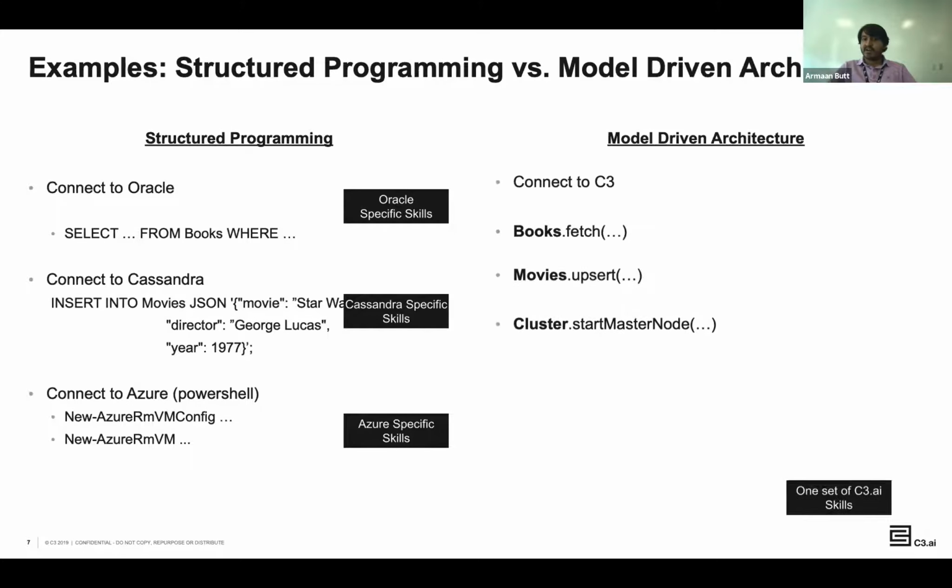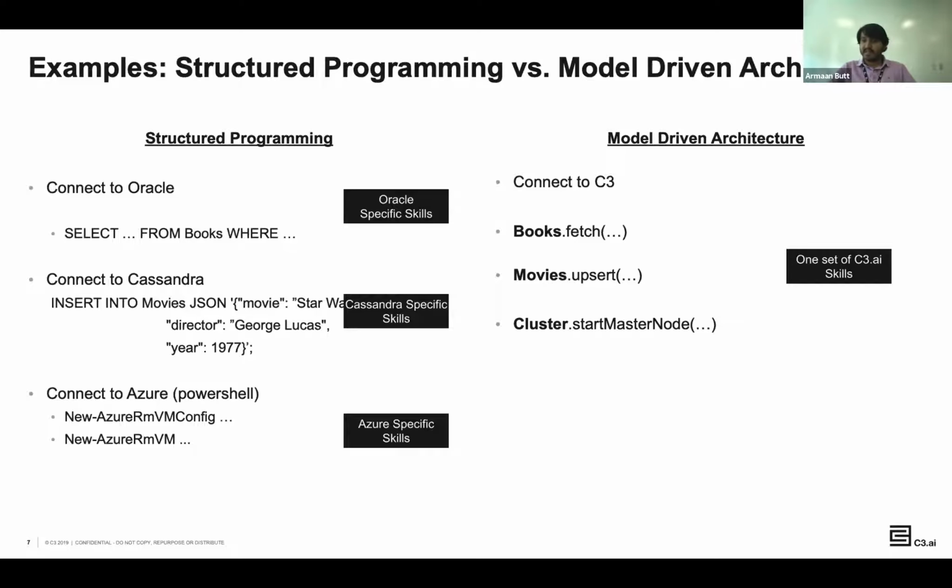However, with a model-driven architecture in the C3 platform, this uses a common API amongst all of these data sources. So instead of doing a select in a particular language for a database, I can do a fetch on a book object, and that book object can actually have data across a variety of data sources. However, the API and the way you interact with it is just a fetch.